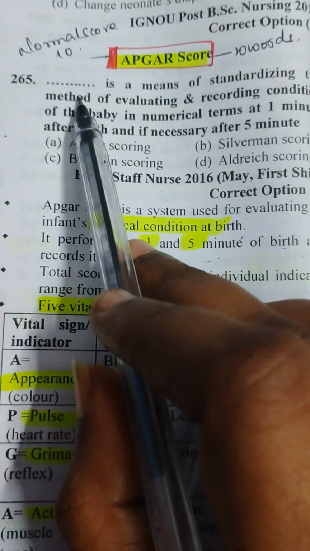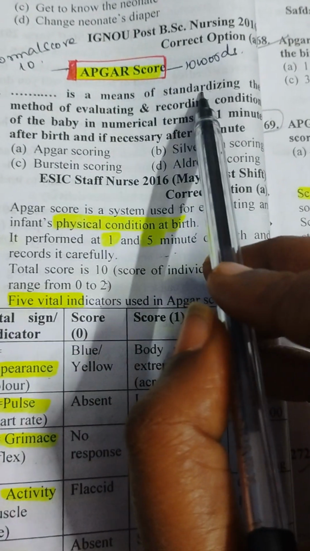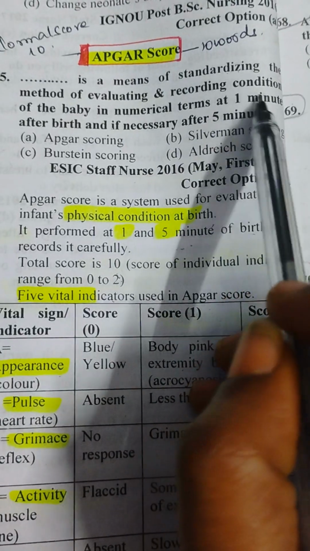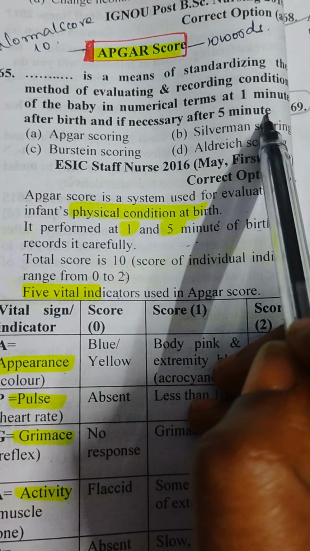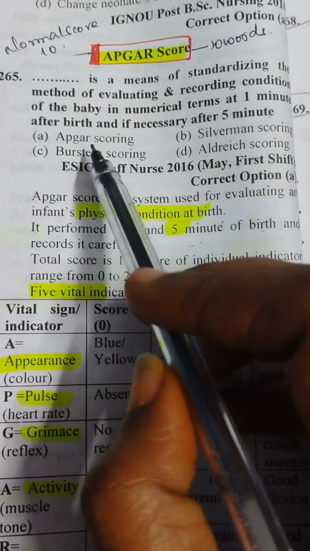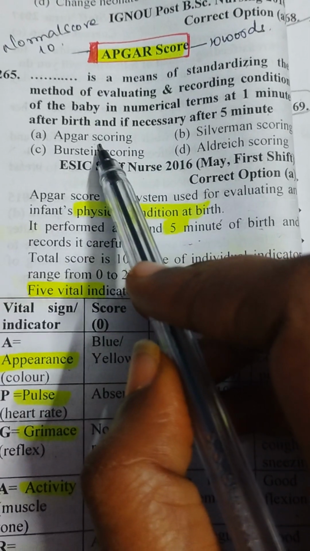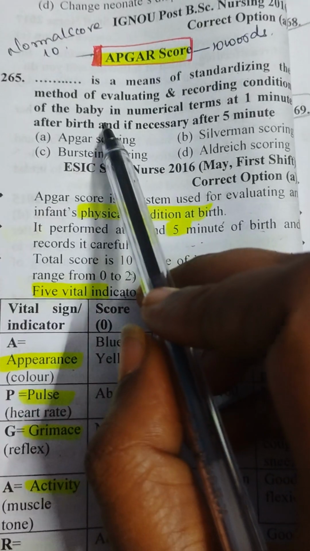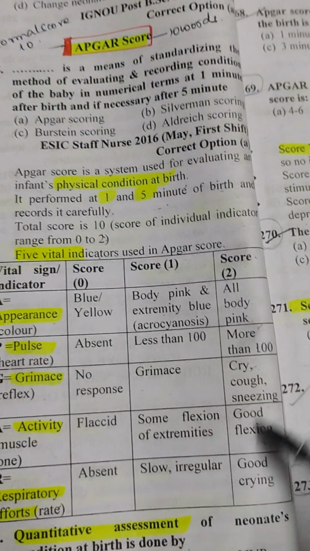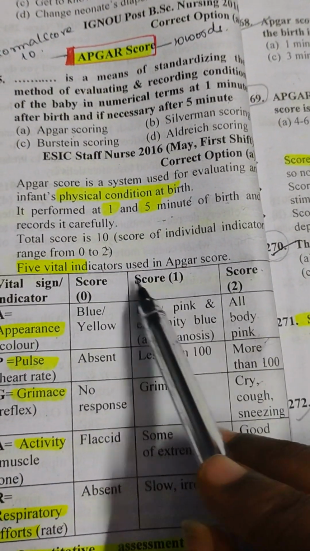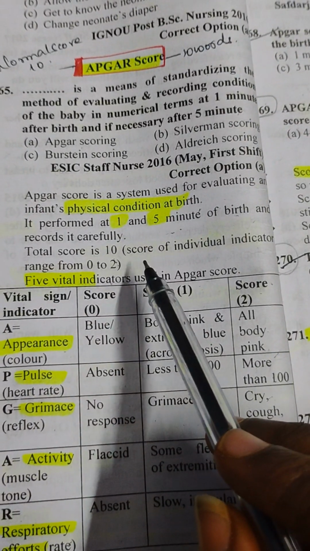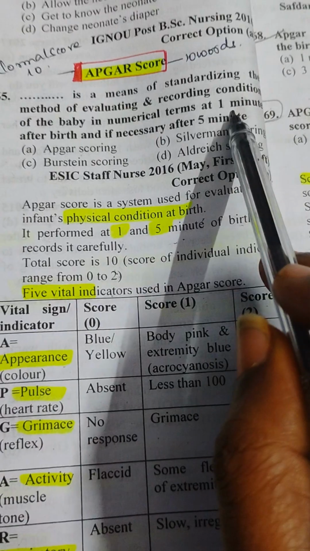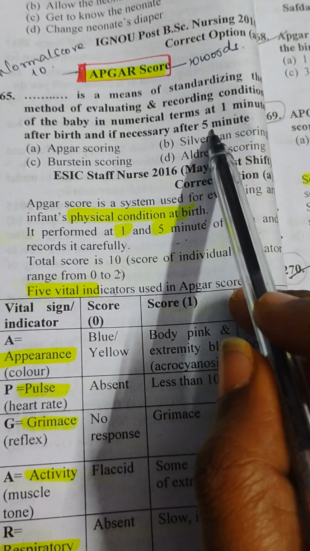So the first question: blank is a means of standardizing the method of evaluating and recording the condition of the baby in numerical terms at 1 minute after birth, and if necessary after 5 minutes. And the answer is APGAR. APGAR score is a standard tool used for evaluating and recording the physical condition of the baby using these numerical terms, and it is compulsory to complete it within 1 minute to 5 minutes.